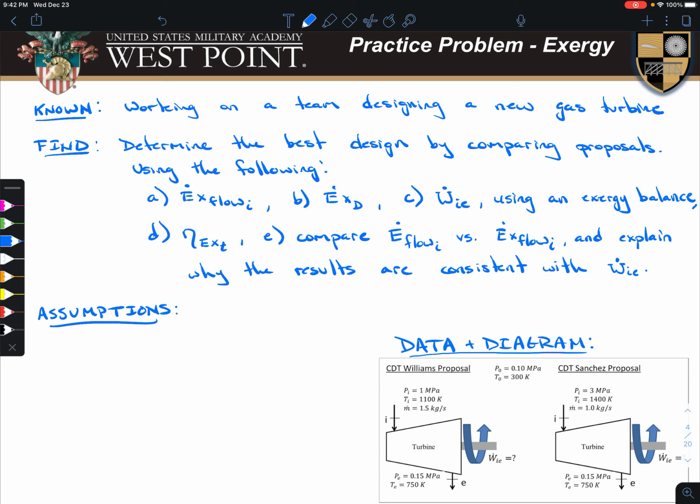Okay, so some of these assumptions would be kinetic energy and potential energy are both equal to 0. We would say air is an ideal gas.